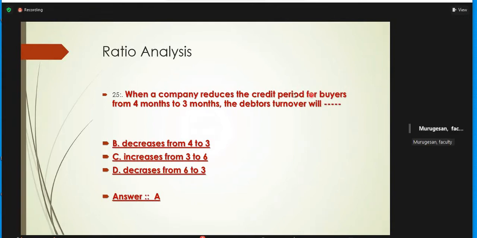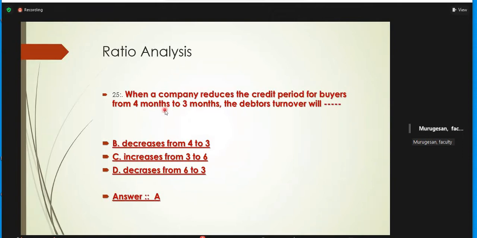First, the credit period for buyers: from 4 months earlier they were giving. When they were giving 4 months credit, what will the debtors turnover be? Can anyone tell? 3 times. Correct, 4 months means 3.